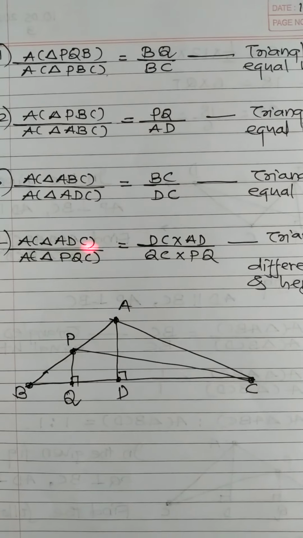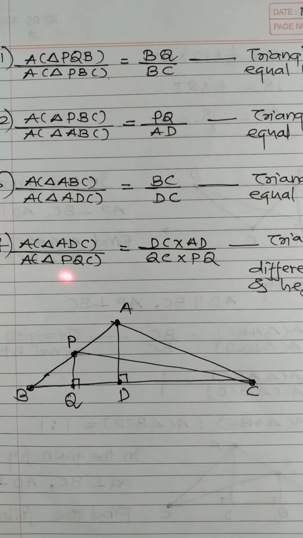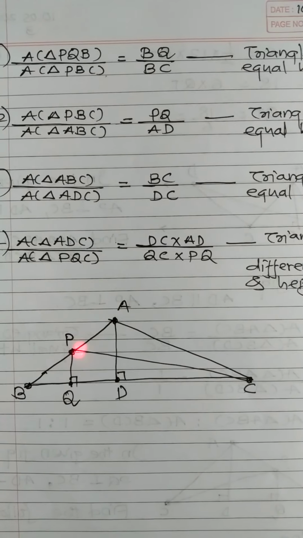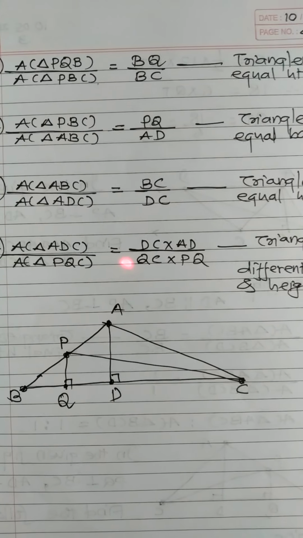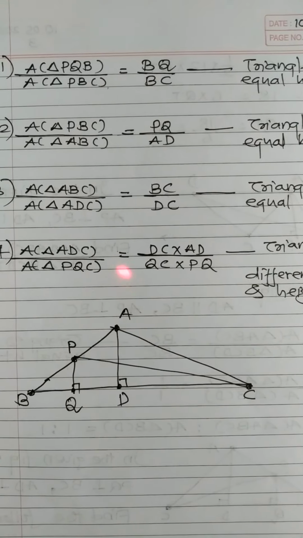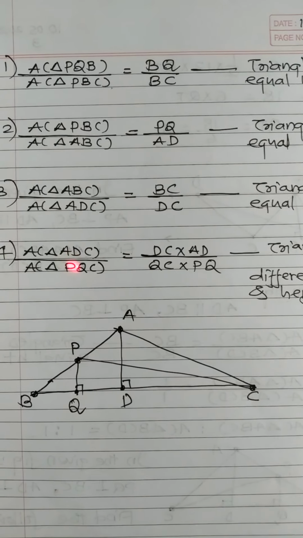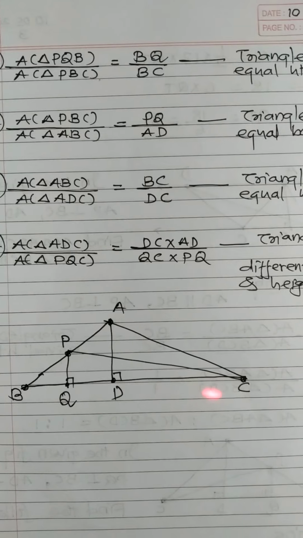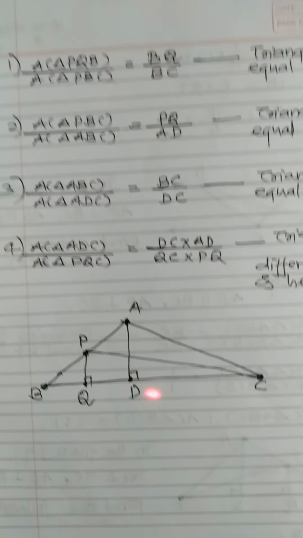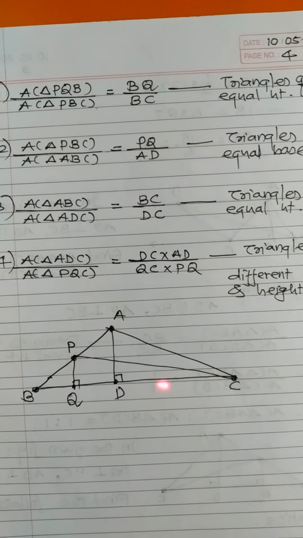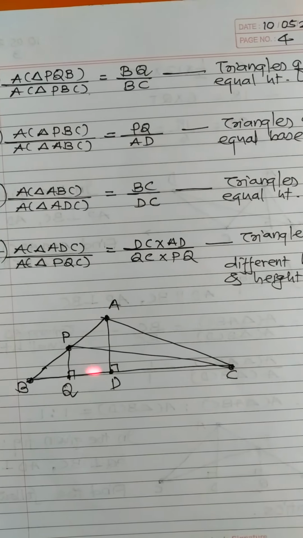Last one: area of triangle ADC and what about the next one, triangle PQC. As we observe the triangles, in ADC, DC is the base and AD is the height. In PQC, QC is the base and PQ is the height. That means for both triangles the bases DC and QC are different, and AD and PQ are different.